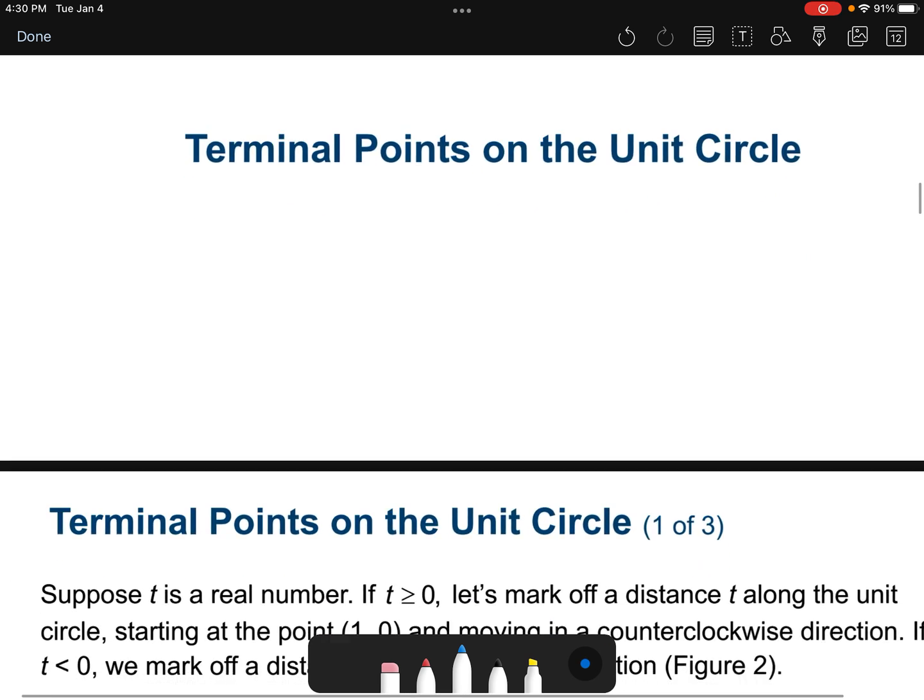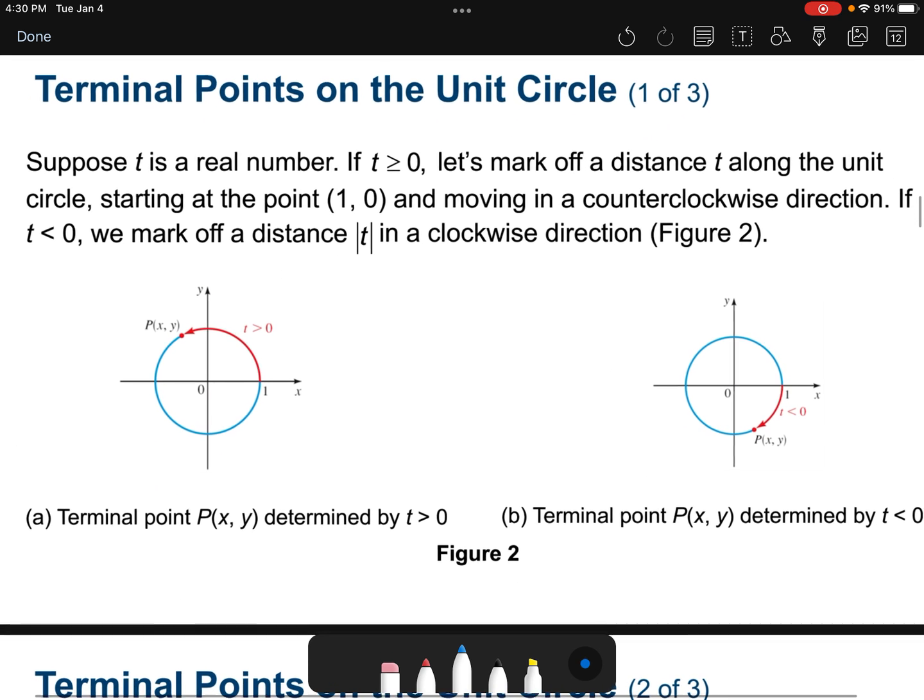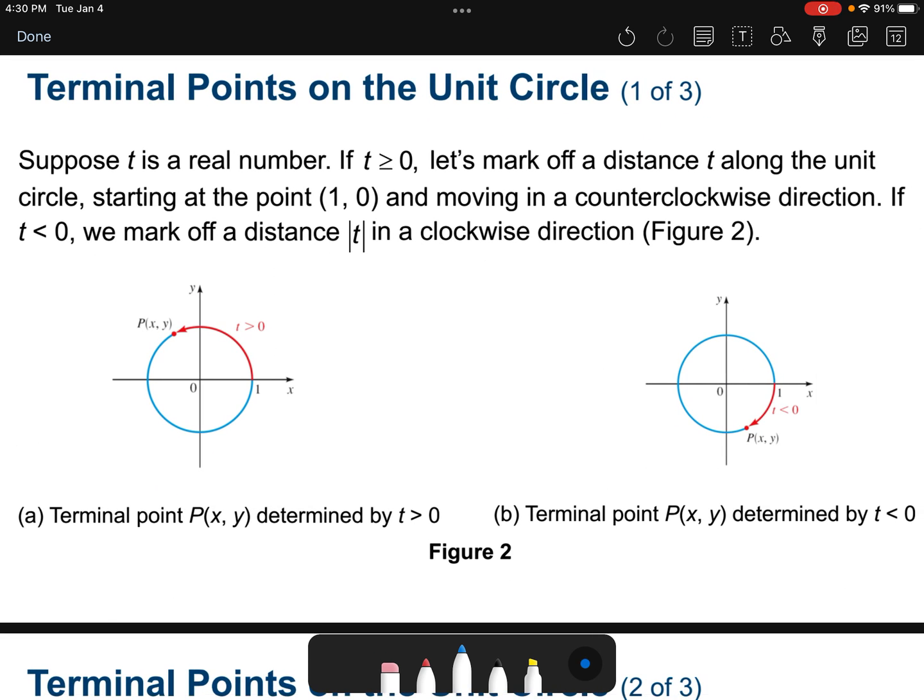Okay, now let's talk about terminal points on the unit circle. This basically says if we mark off a distance starting at the origin, or I should say the initial point, which is going to be at 1, 0, okay? So this point right here is 1, 0.